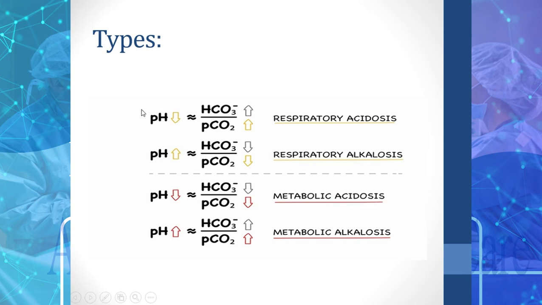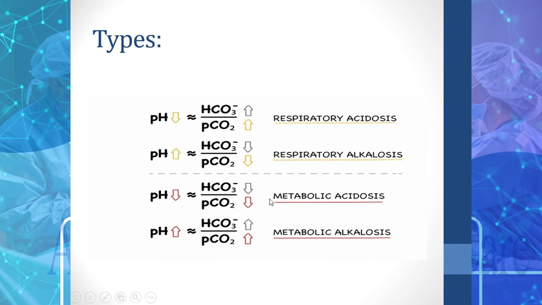In respiratory acidosis, the pH is going down, the carbon dioxide is going up, and if there is compensation, it will be by increasing the HCO3. In respiratory alkalosis, the pH is going up, the carbon dioxide is going down, and the compensation through the metabolic system will be by decreasing the HCO3.